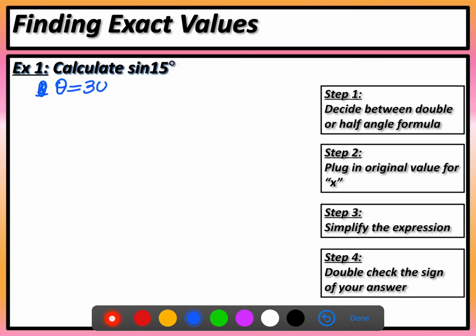All right, theta equals 30. So if I did a half angle, theta over 2 would be 15, because I would be doing 30 over 2. So I'm going to use 30 as my theta here, and that would give me sine of 15.